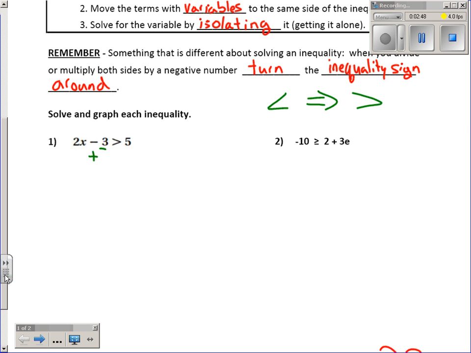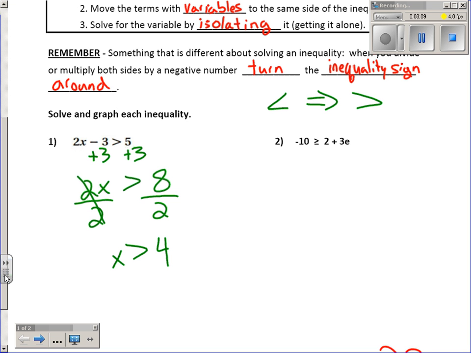We add to get rid of subtraction, make sure we show work on both sides, bring down everything, including the inequality sign. Now we divide to get rid of multiplication, and then we divide on the other side by the same number, and 8 divided by 2 is 4.